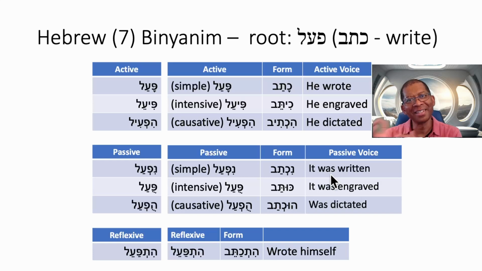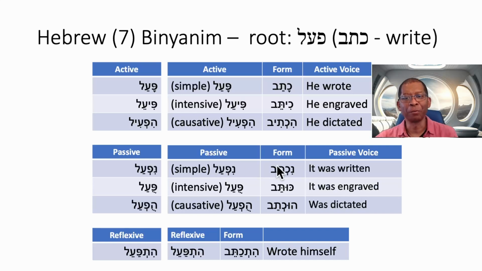You guys kind of see what's going on here? So we have simple active voice, then we have simple passive voice. We have intensive active voice, then we have intensive passive voice. We have causative active voice, and we have causative passive voice. So we have simple active voice, he wrote.